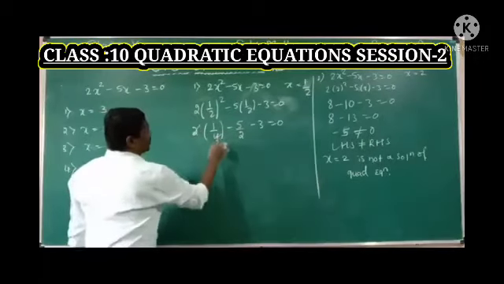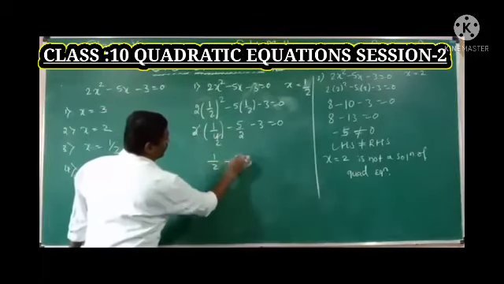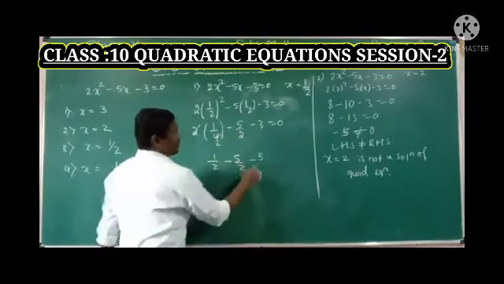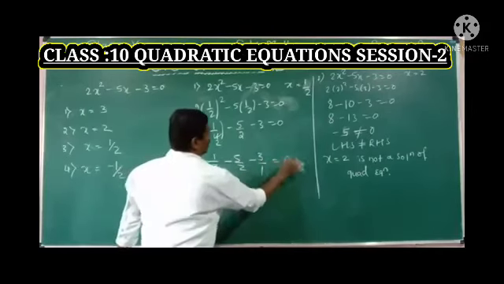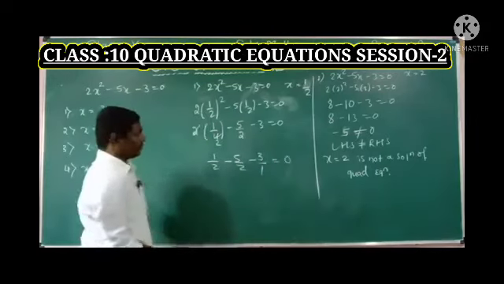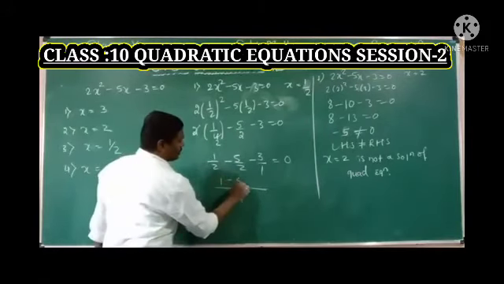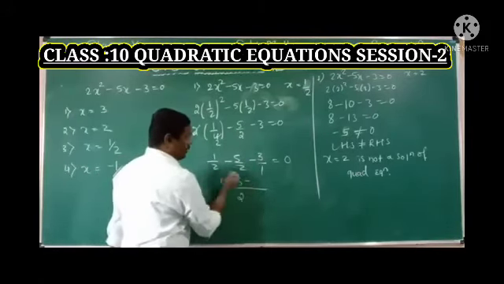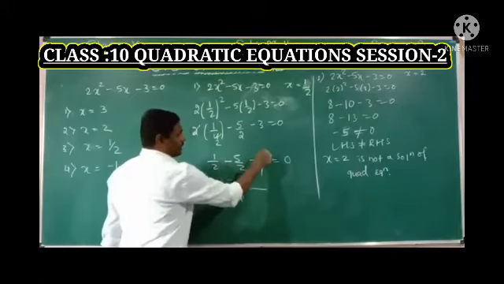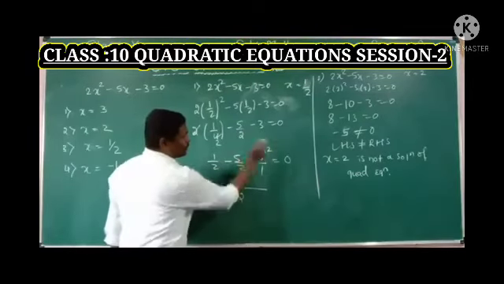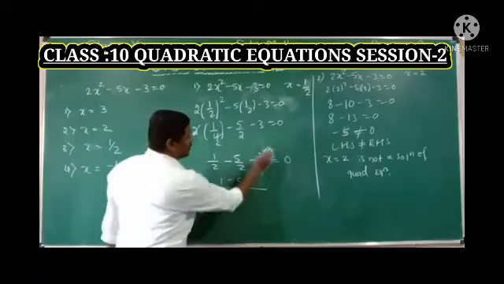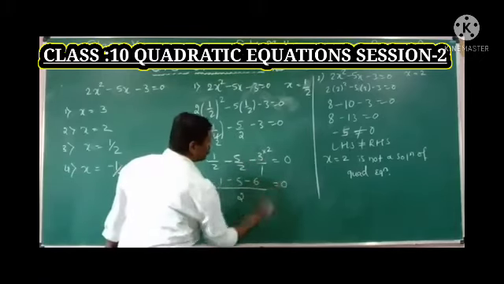Again 2 ones are 2, 2 twos are 1 by 2 minus 5 by 2 minus 3. The denominator of 3 is 1. So take the LCM. LCM is 2, 1 minus 5. If LCM is 2 you need to multiply here by 2. So 3 2s are 6 which is equal to 0.